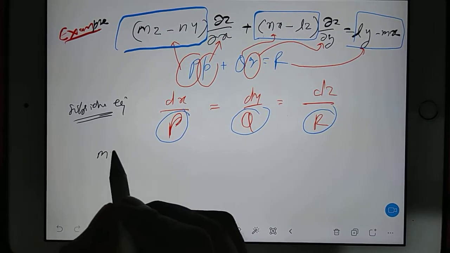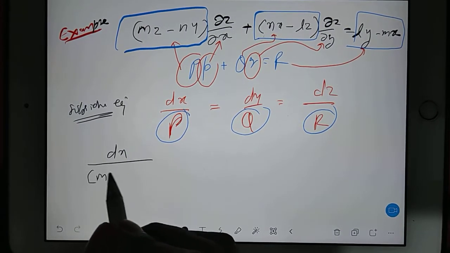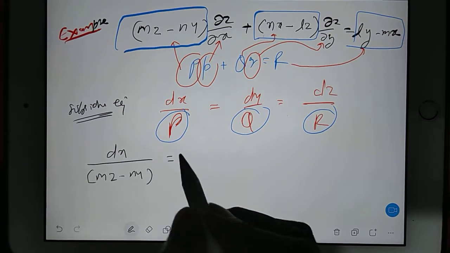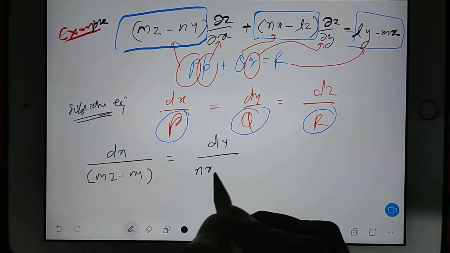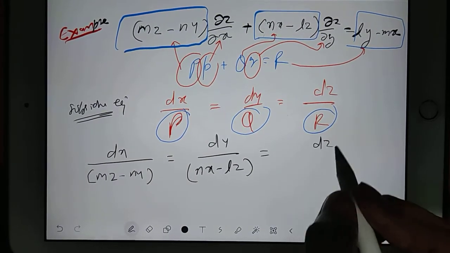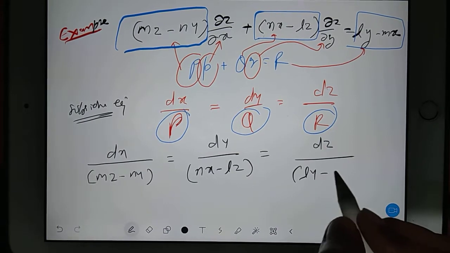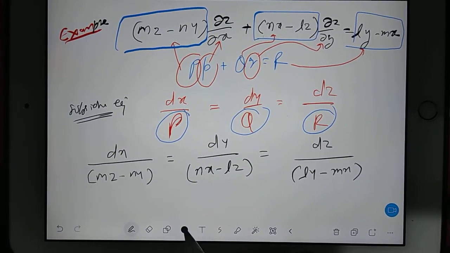So let me write like this: dx by mz minus ny is equal to dy by nx minus lz is equal to dz by ly minus mx. Almost done.